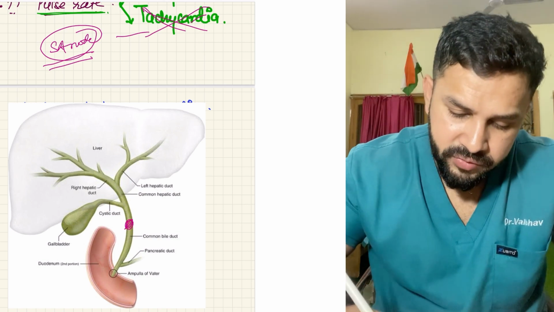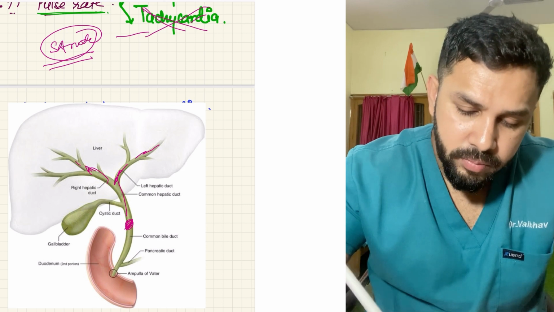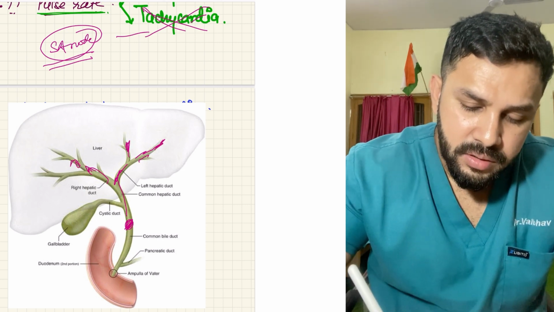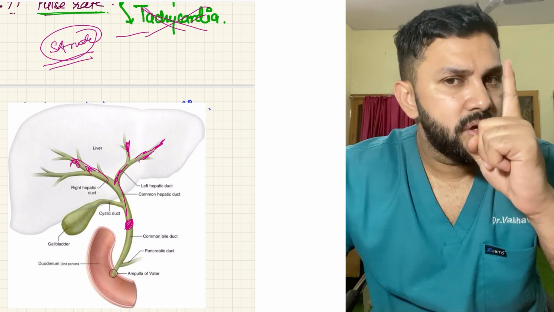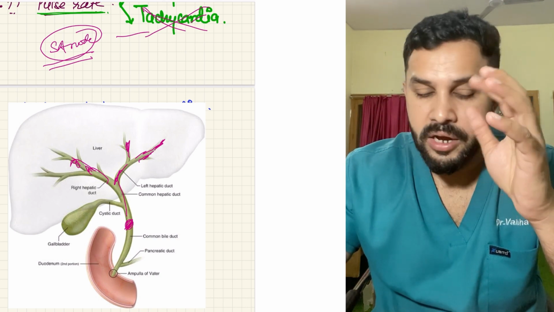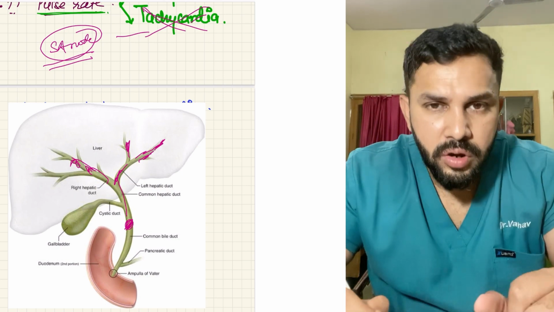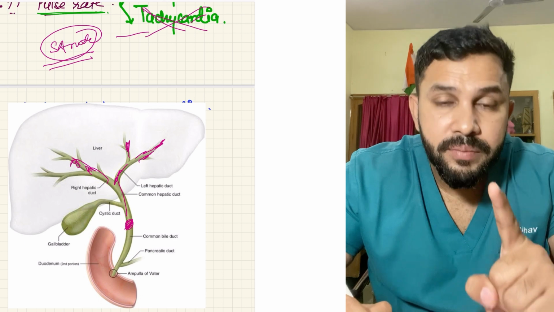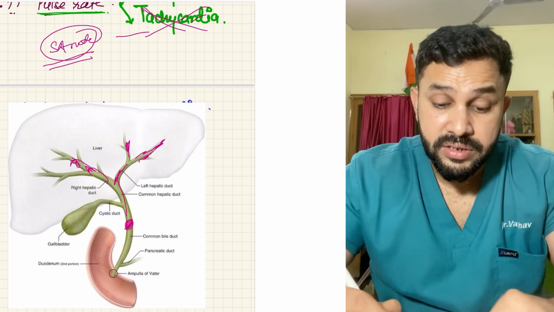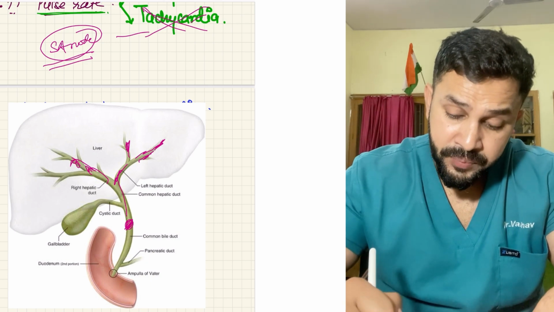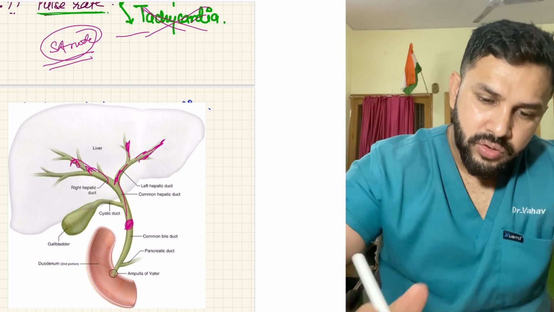If there is obstruction, there is backflow of bile into the liver. In the liver, we saw the microstructure, there was the portal triad, so there is increased absorption of bile. Bile gets absorbed systemically, and this is the bad thing by which we see the jaundice.